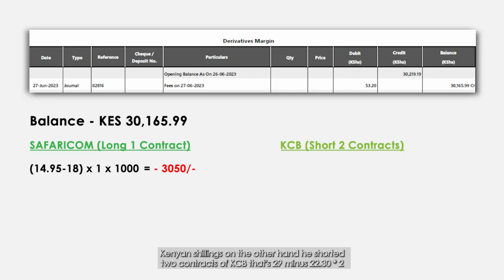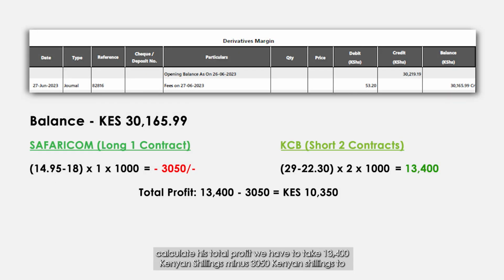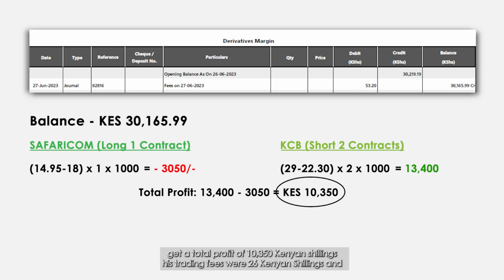On the other hand, he shorted 2 contracts of KCB. That's 29 minus 22.30 times 2, that's the number of contracts, times 1,000. Hence, his profit was 13,400 Kenyan shillings. Hence, to calculate his total profit, we'll have to take 13,400 Kenyan shillings minus 3,050 Kenyan shillings to get a total profit of 10,350 Kenyan shillings.